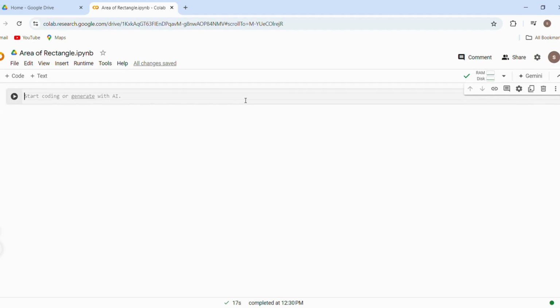Okay, initially, as you all know, area of the rectangle is length into width. For that we are taking length. L is equal to input of, enter the length of rectangle.